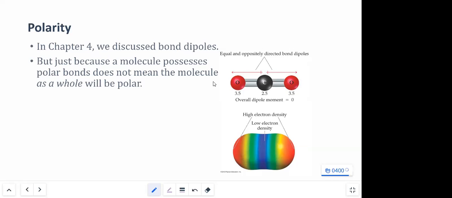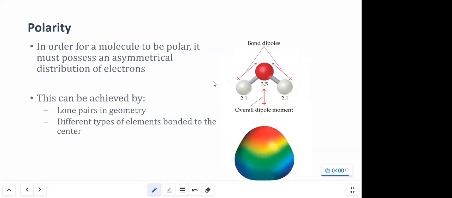But just because we have polar bonds, and most covalent bonds are polar, just because we have those doesn't mean that the molecule itself is going to be polar overall. What we have to look for in molecular polarity is the idea of asymmetry.